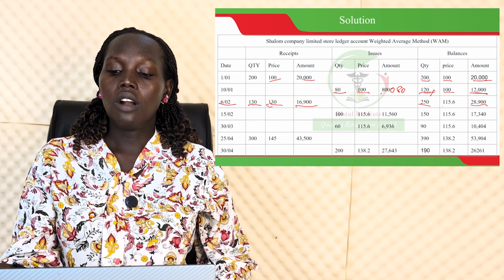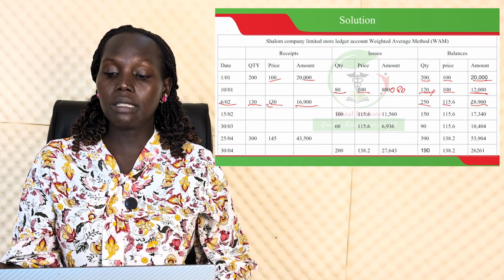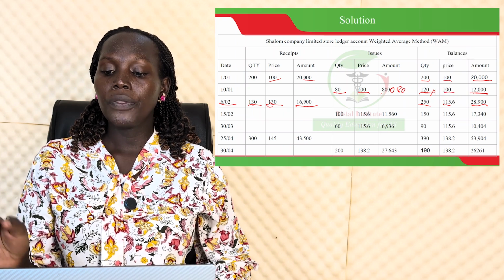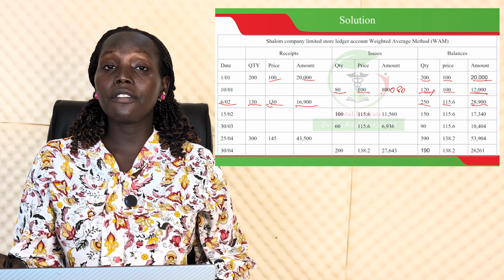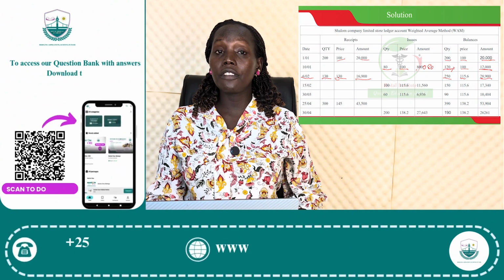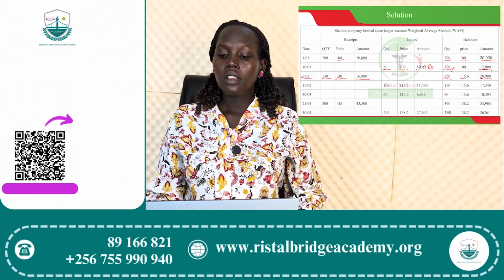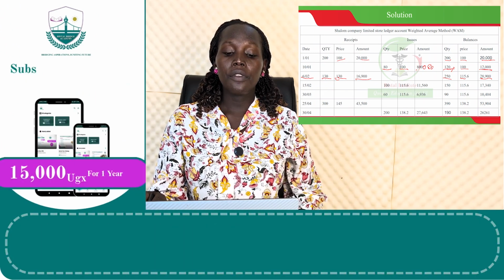So when you divide this by this one, we shall get 115.6. So this will be our ruling price.